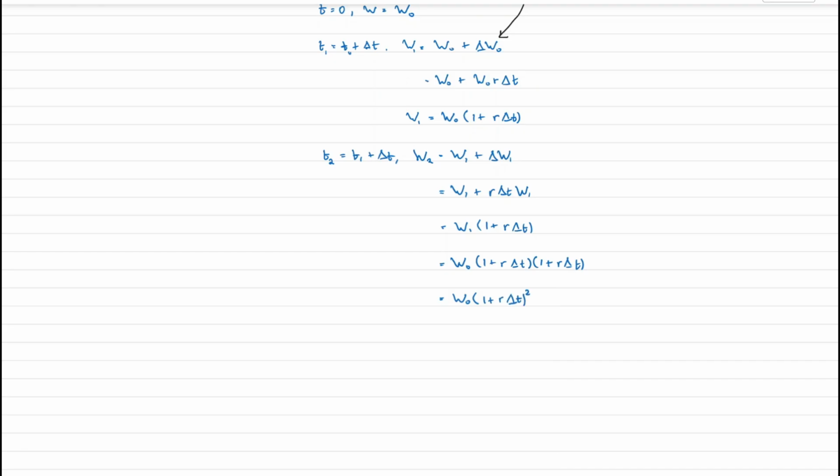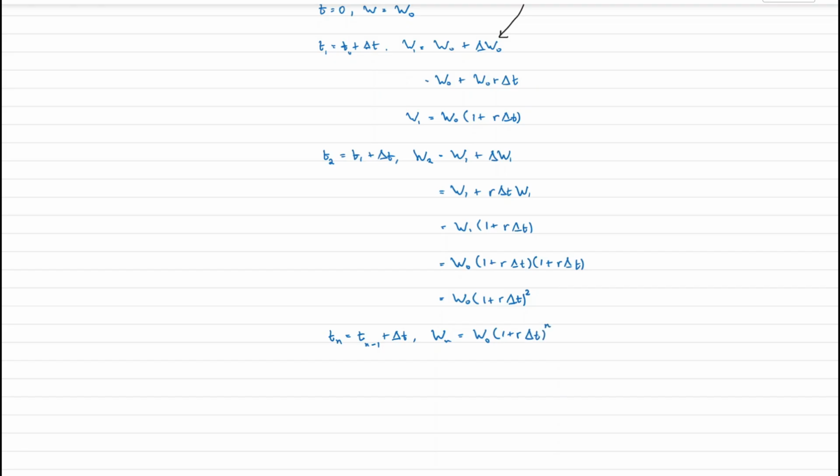So hopefully you can start to see a pattern here. We can write a general expression for Tn now and Wn. So let's just do that now. Tn is equal to Tn minus 1 plus delta T. And the value of W at that point is Wn equals W naught (1 plus R delta T) to the power of n.